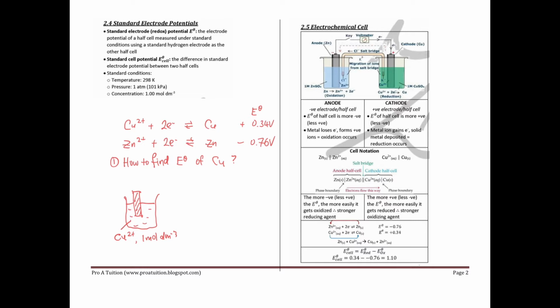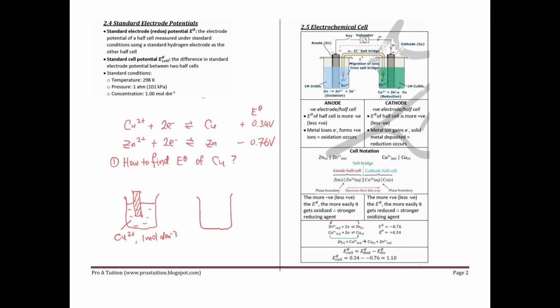The other thing that you need to know is that when you want to set up the cell, the other half cell is the standard hydrogen electrode. So how do we set up the standard hydrogen electrode? You can see it here.